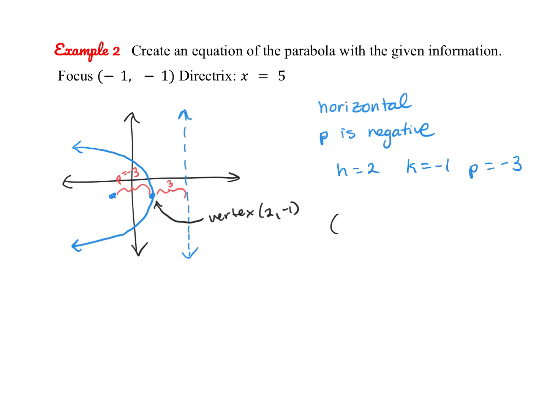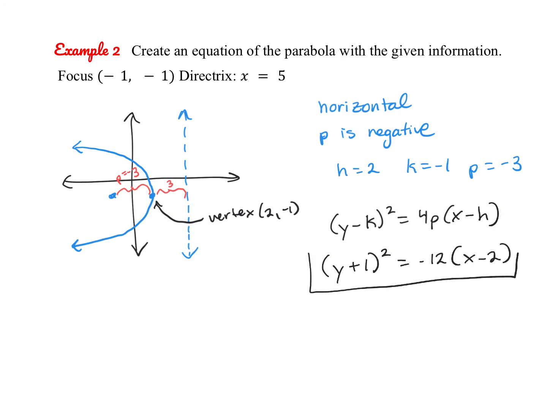For a horizontal parabola, it's y minus k squared equals 4p times x minus h. So here we have y plus 1 squared equals -12 times x minus 2. And there you have it. So really all you need is h, k, and p, and then you can make your equation.